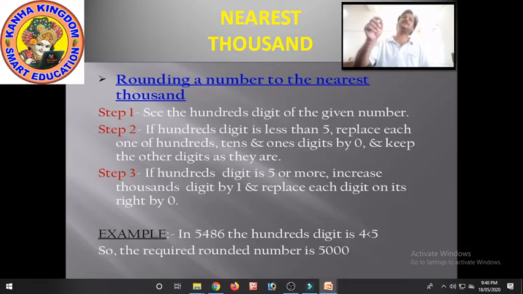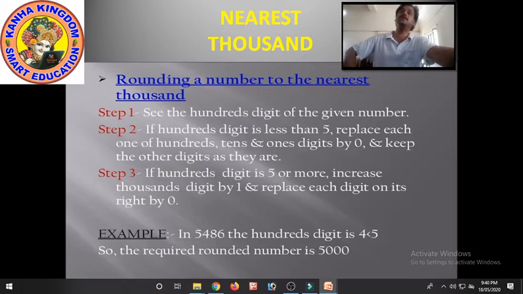Okay, so first I will explain the 3 steps. Same, see the hundreds digit of the given number. As I already told you, you have to watch only 2 places, that is the hundreds place and thousands place. So in the first step, see the hundreds digit of the given number.